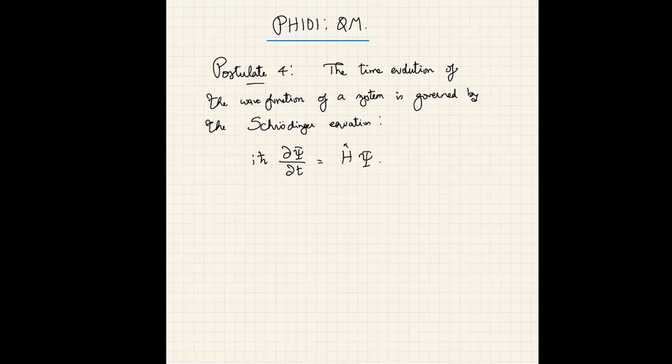We have already introduced or mentioned what the Hamiltonian operator is in quantum mechanics. The Hamiltonian operator is basically the total energy operator, the kinetic energy plus the potential energy operator. So this is equal to p square over 2m plus V of the position operator. Okay.